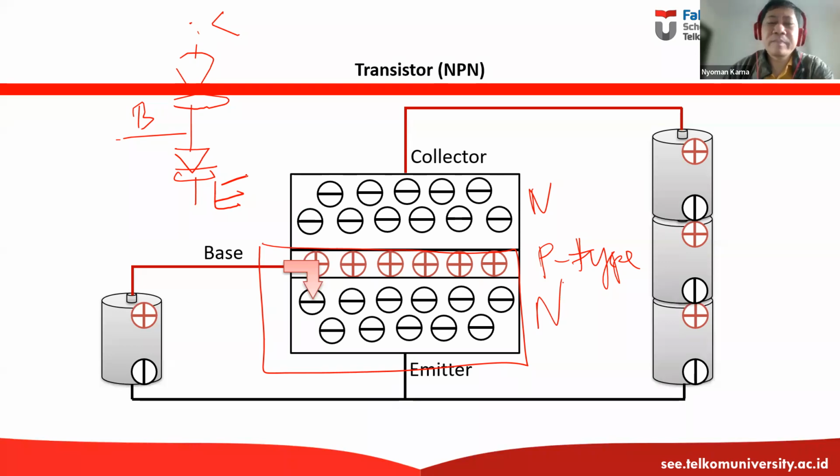Okay, now whenever we put the battery to the base and also the emitter, a current will flow through the base to the emitter, as long as the voltage between the base and emitter is above the V threshold, or more than 0.7 volt.